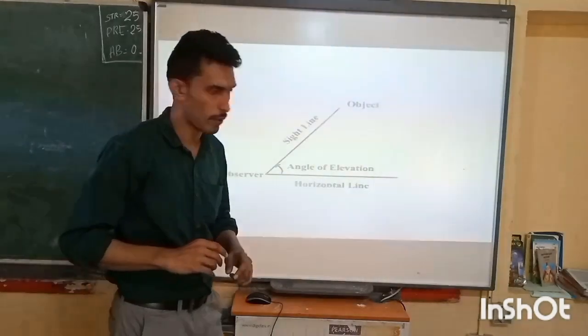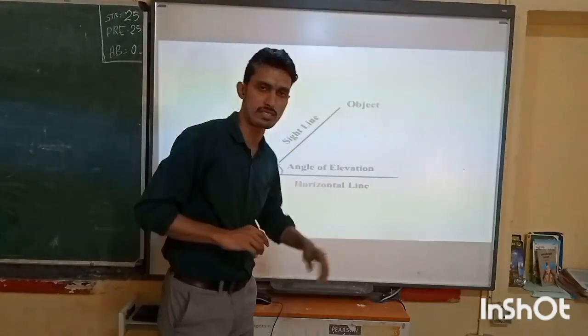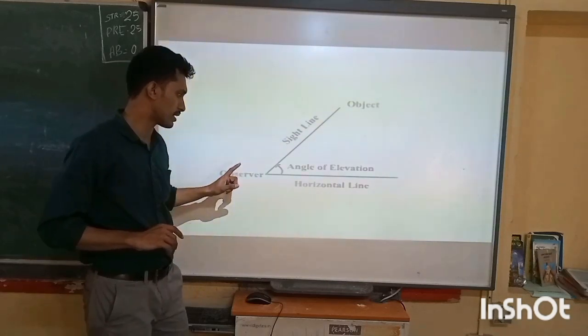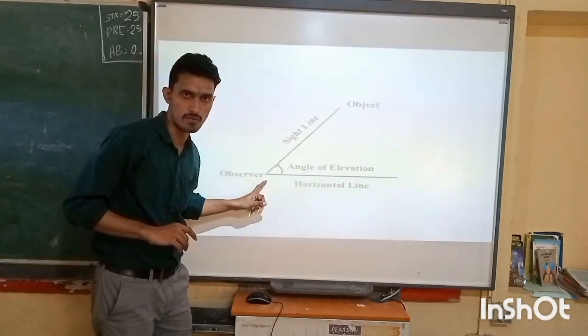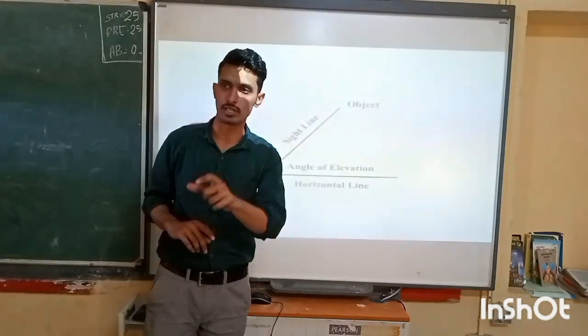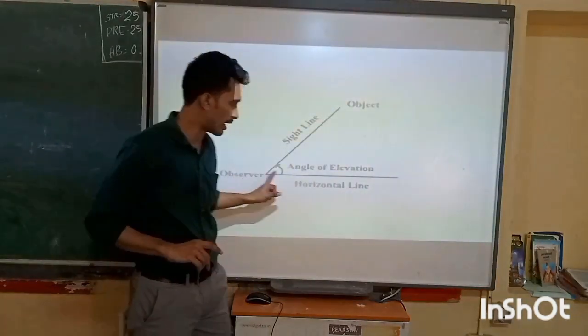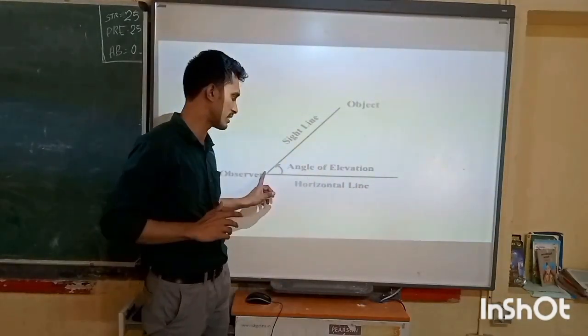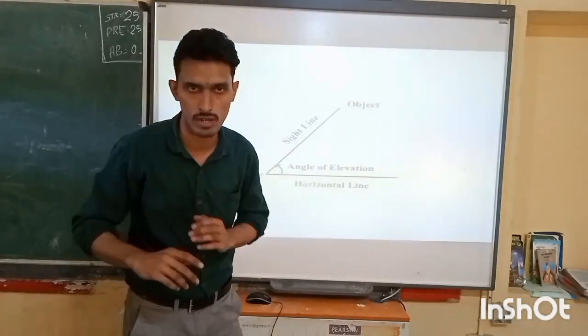Yes, horizontal line. As you can see, dear children, this is the starting point of the observer, right? From this point, the observer sees the object. The line which is drawn parallel to the ground, that you can see here, is called the horizontal line.